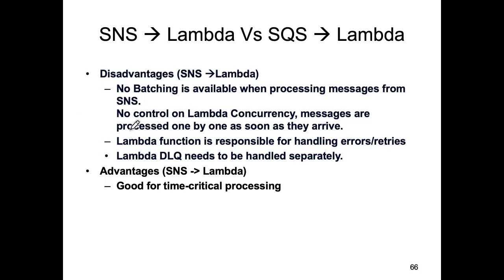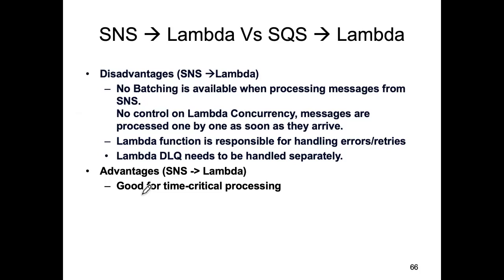So these points are making the same thing, really. But I guess it's the concurrency control and the lack of batching. That's the main downside of making the Lambda a direct subscriber to SNS. However, where this integration is probably a good option is where the speed at which a message is processed is important.